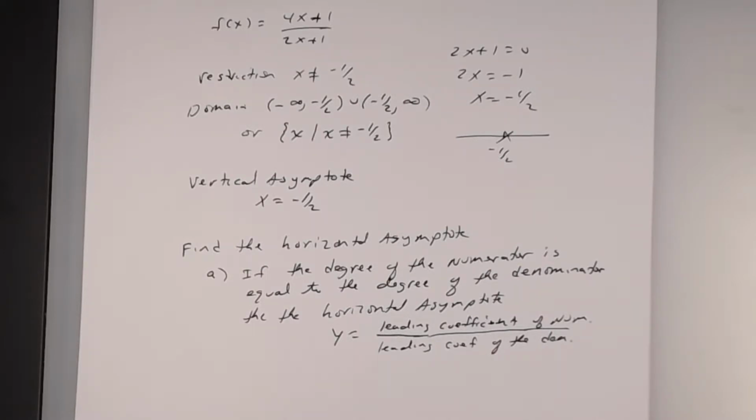Now you remember that leading coefficient. If you put your polynomial in descending order, the leading coefficient is the coefficient of the largest degree term.